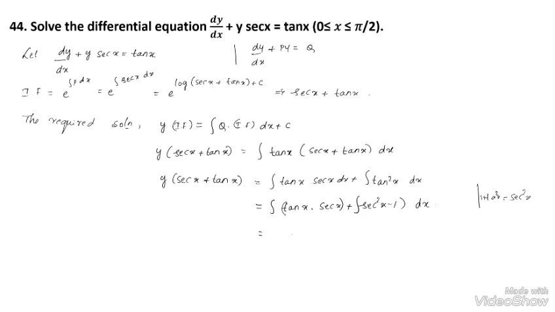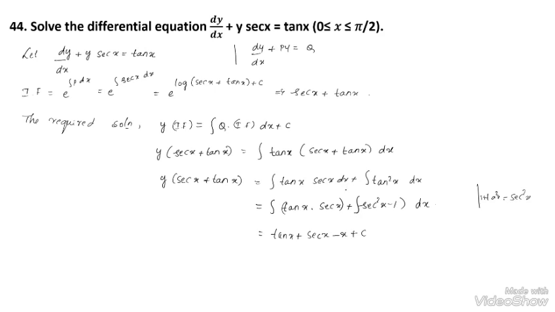Now I can integrate. Integration of tan x into sec x becomes sec x. Integration of sec square x is tan x. Integration of minus 1 becomes minus x, plus some constant c.